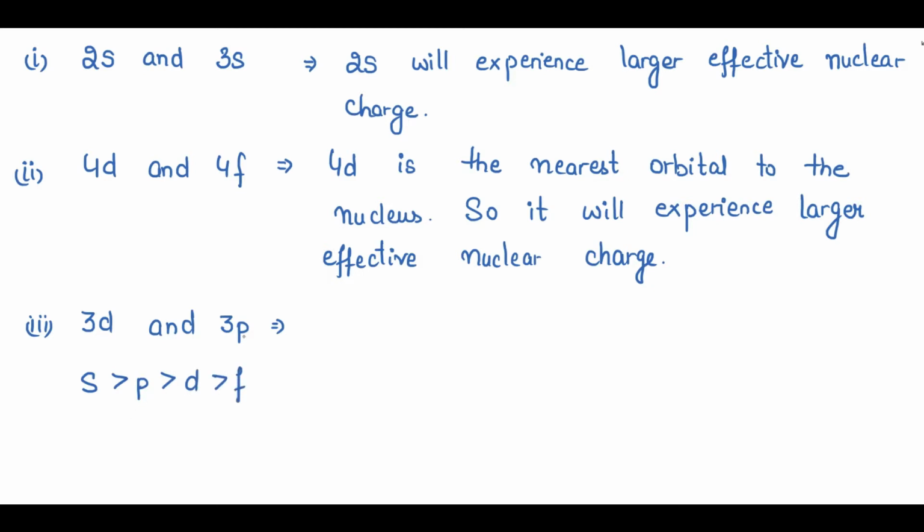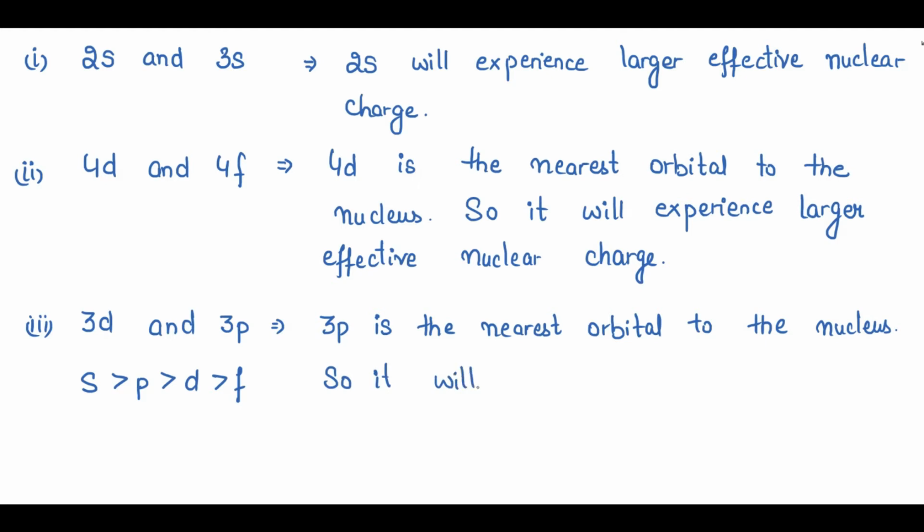So out of d and p, 3p is the nearest orbital to the nucleus. So it will experience larger effective nuclear charge.